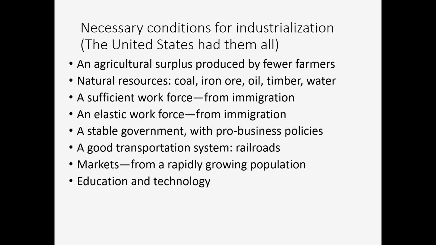There were still many jobs that did require education, and it was growing during this period as well. And you need capital. That is, capital you could define as money invested for the purpose of making more money. And with the natural resources, with the businesses that were already thriving, there was money available for investment. So the United States had all of the pieces necessary to create this rapid industrial revolution.